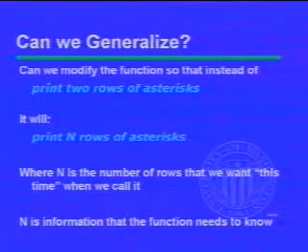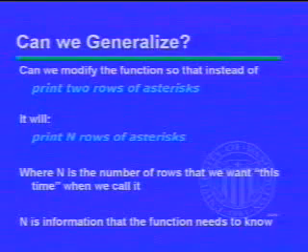Let's state the problem in a slightly different way. Our original specification was to print 2 rows of asterisks. We'd like to modify that so that it could either print 2 rows or 5 rows. A more general way of stating this would be, let's print n rows, where n is some quantity that we don't know ahead of time.